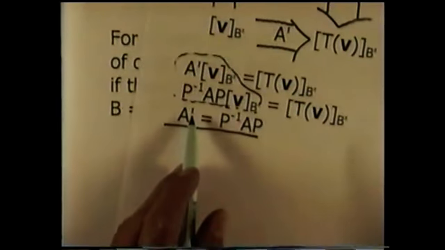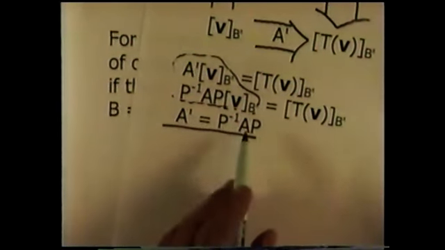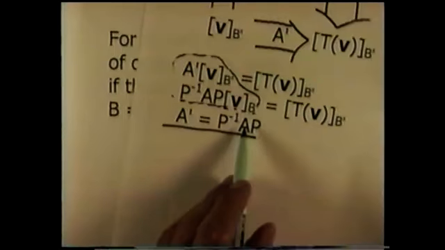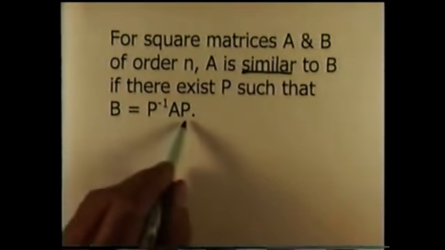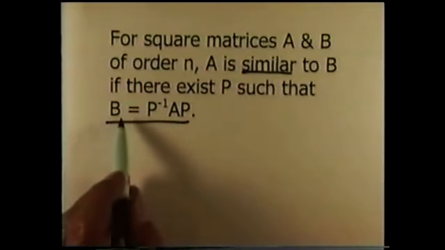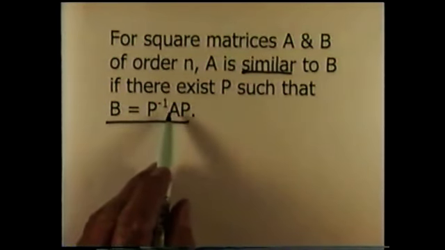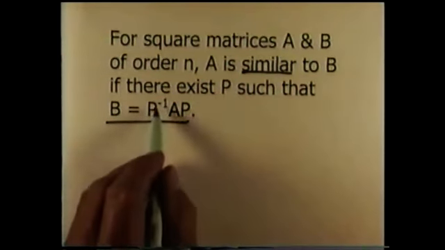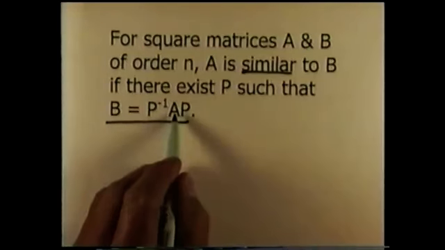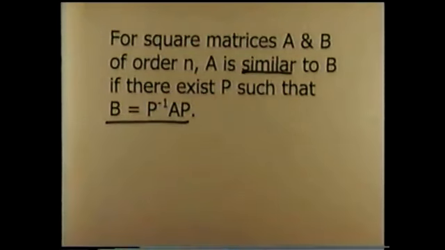So A prime is going to always be similar to A. But B is similar to A if I can find an invertible matrix P such that P inverse times A times P is equal to B.